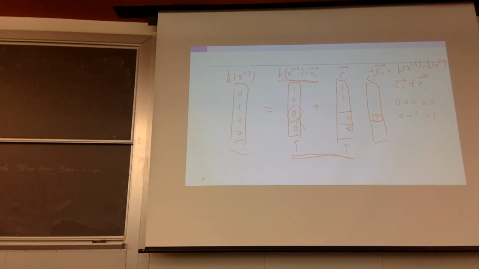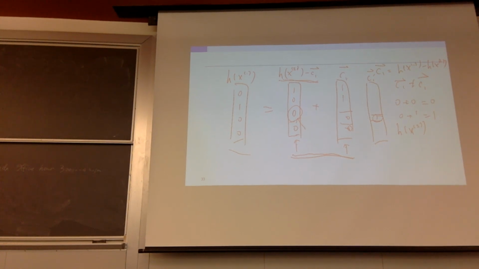So that means the end result, some bit in h of x1, is going to be different from this one plus this one.